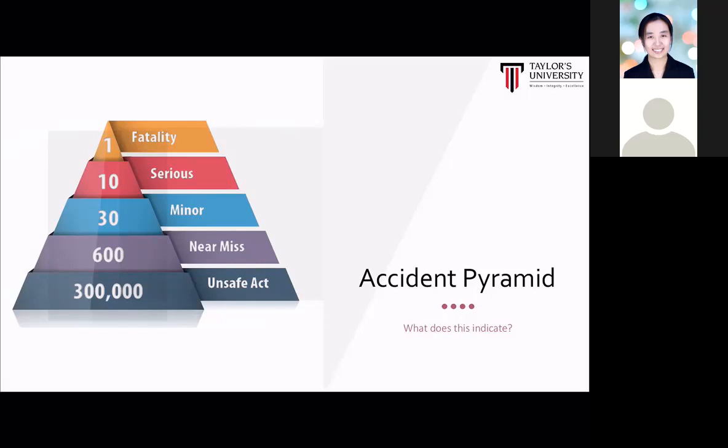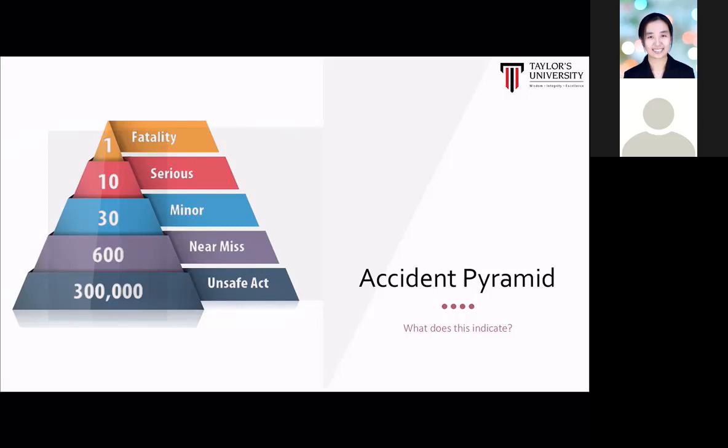Every 300,000 unsafe acts always create about 600 near-miss accidents. And for every 600 near-miss accidents, statistics show that about 30 minor accidents happen.